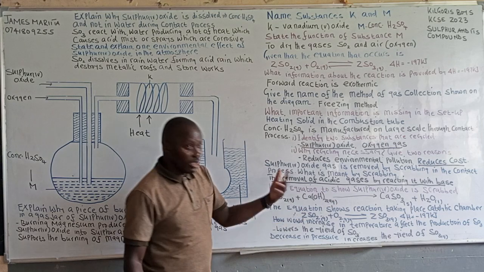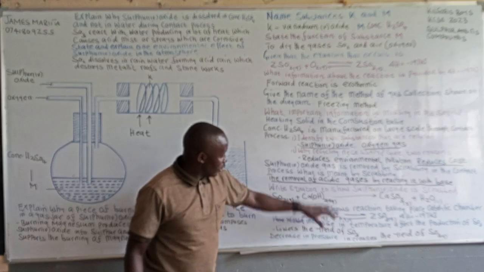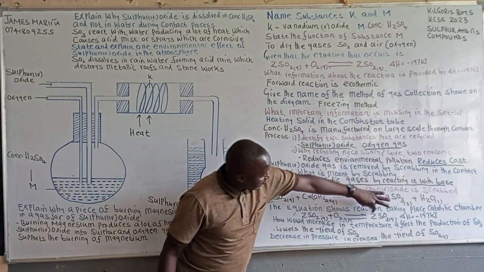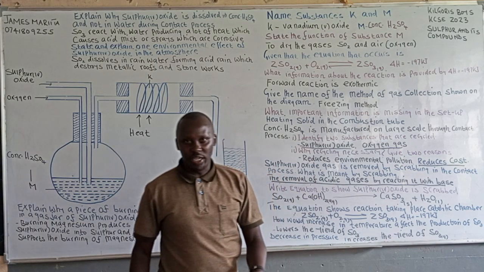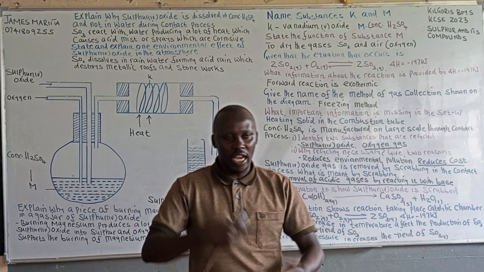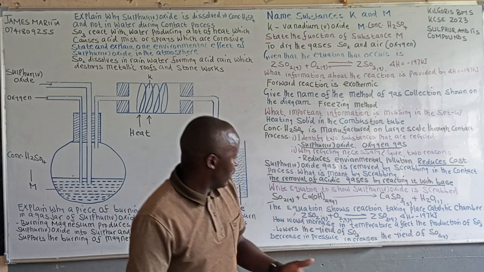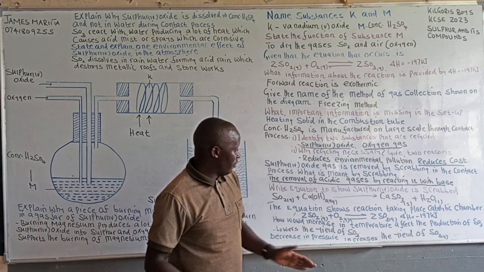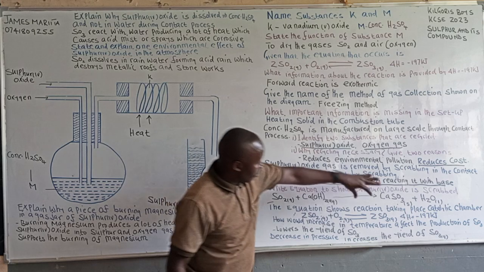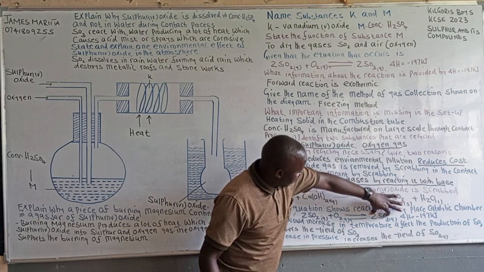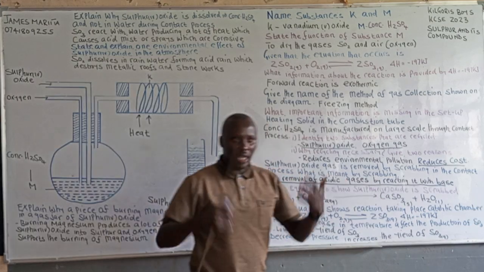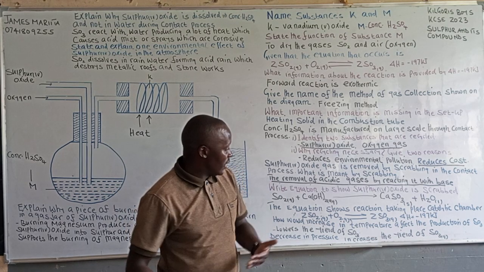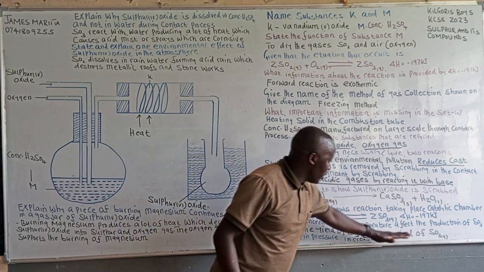We have 3 molecules because we have 2 plus this one, and on this side we have 2. Increase in pressure favors the side which has fewer molecules. In this case, the forward reaction will be favored. That is, the exothermic reaction will be favored, and if this side is favored, there is an increase in the yield of the sulfur 6 oxide gas.